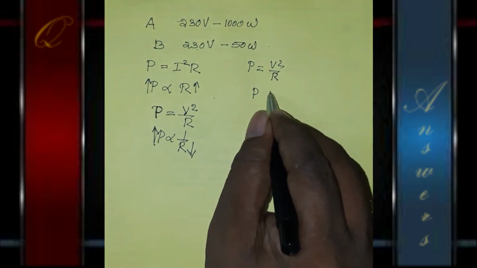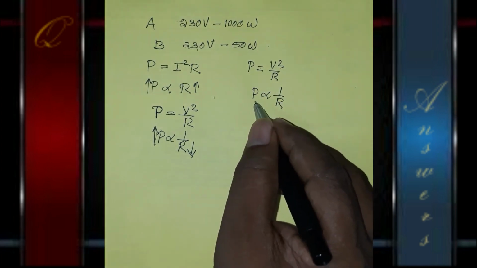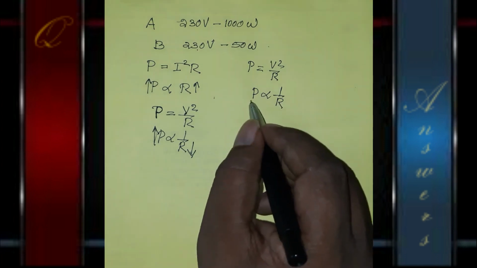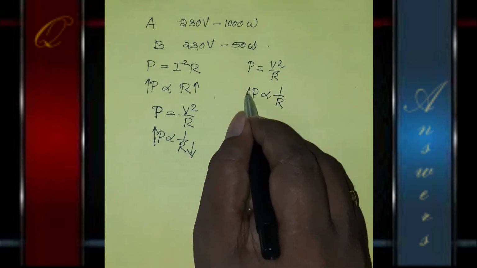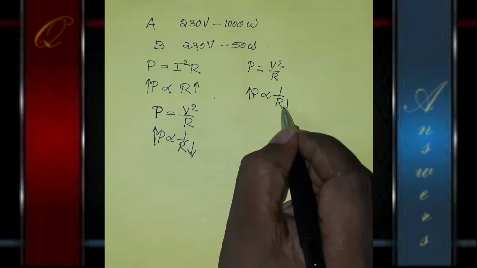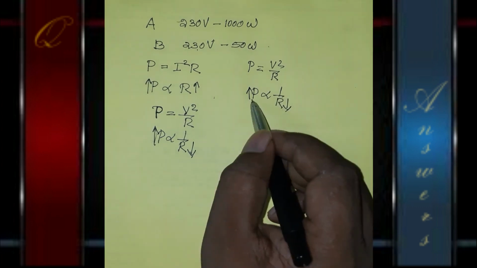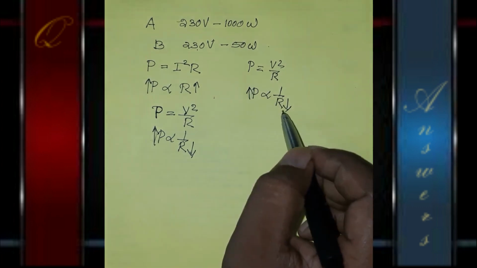So you may write P is proportional to 1 by R. Which one consumes more power? The device which is having less resistance consumes more power. So the device with less resistance will be consuming more electrical energy.